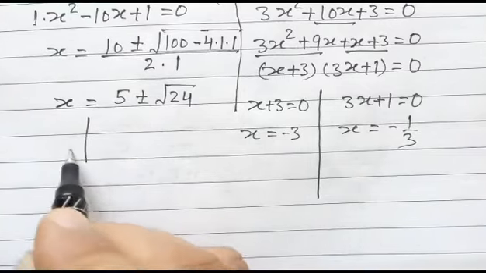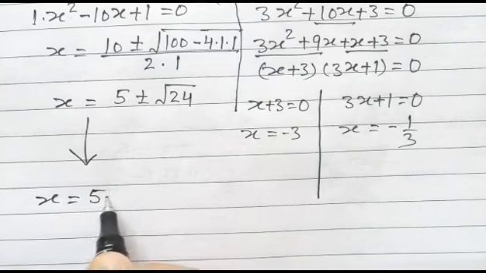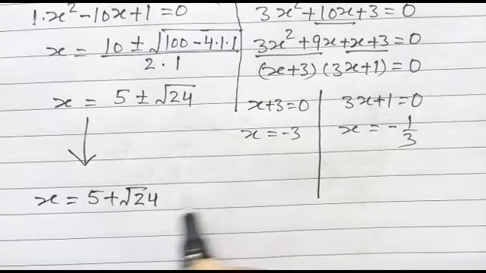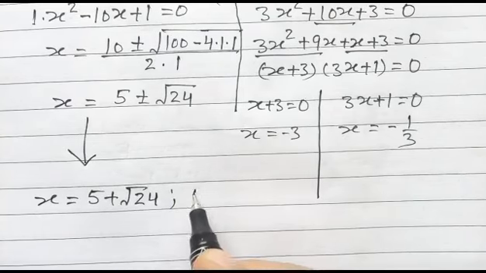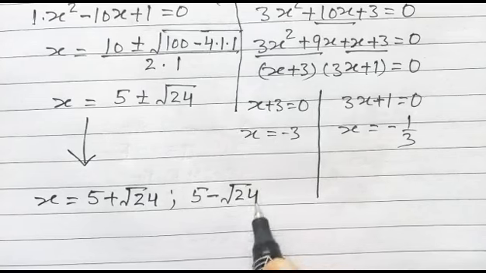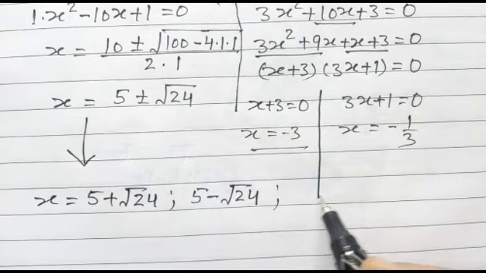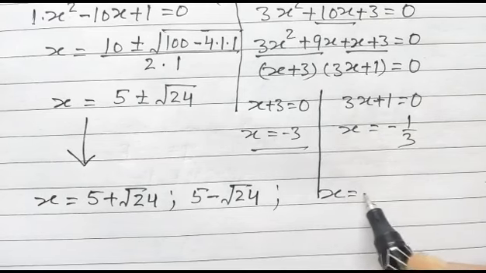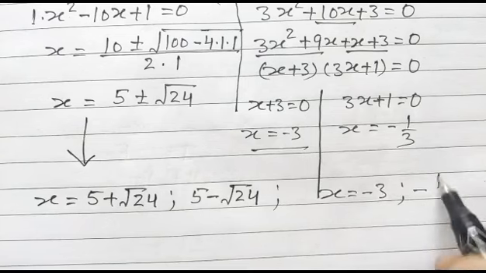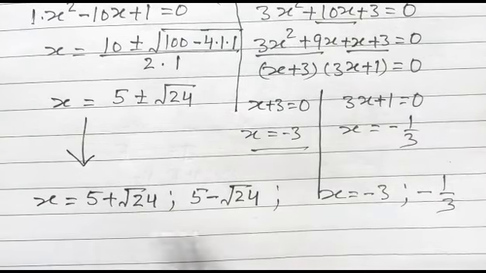So we have x = 5 + √24 and 5 − √24, and x = −3 and x = −1/3.